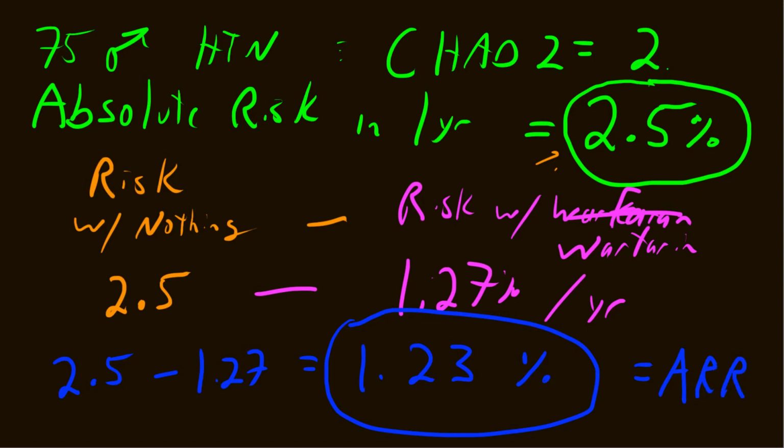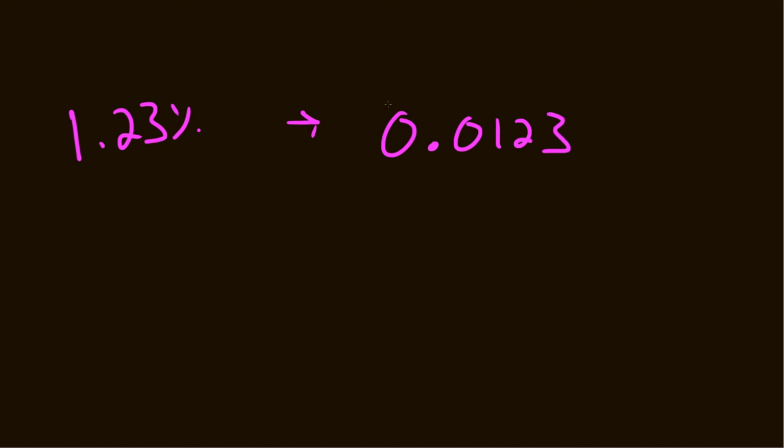All right, you can do it now. You can go to the next page. It's going to be right here, and you remember that you've got 1.23%, which is really 0.0123. Let's settle that under 1, because it's the inverse. 1 over the absolute risk reduction.